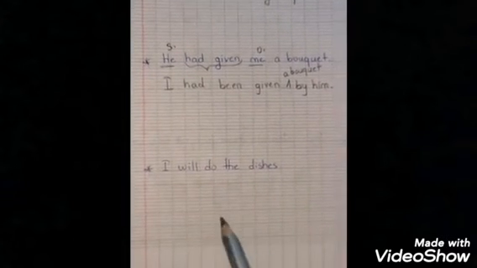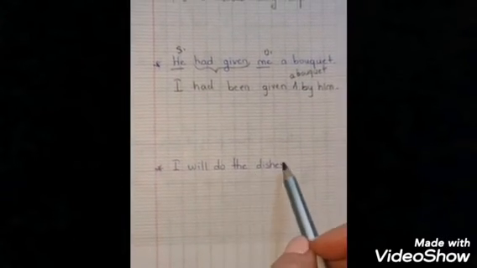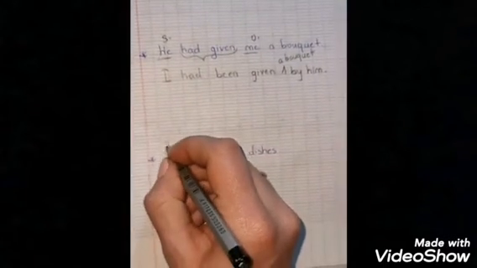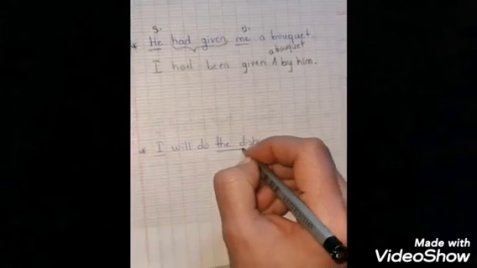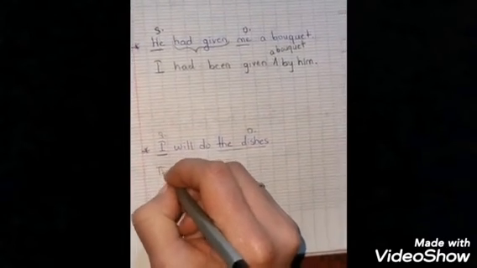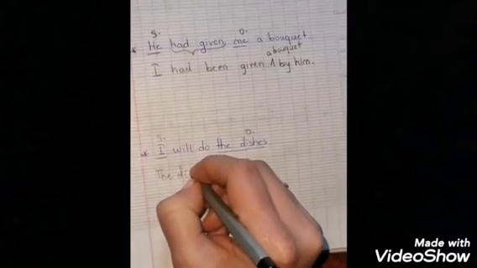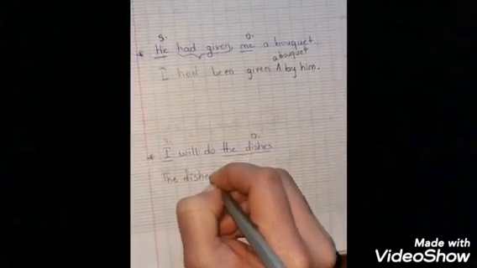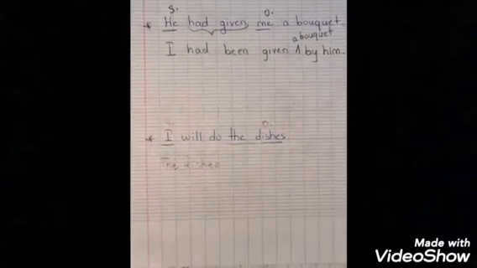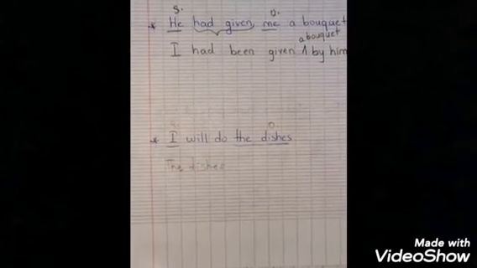Okay, for the final sentence, I will do the dishes. Basically here, I is the subject and the dishes are the object. So the object becomes the subject, the dishes, and in this sentence, let's keep the doer anonymous. I don't want anyone to know that I was doing the dishes.